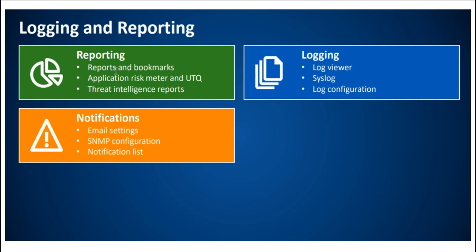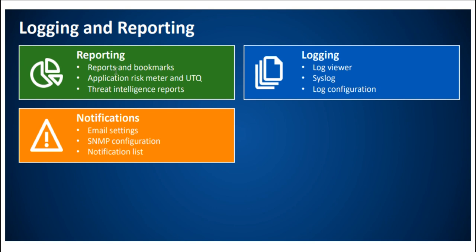Last we will have logging and reporting. So we'll look into the reports, the different types of reports we are getting, the bookmarks, the application risk meter, and UTQ, user threat quotient, and the threat intelligence reports, and we can take action accordingly.